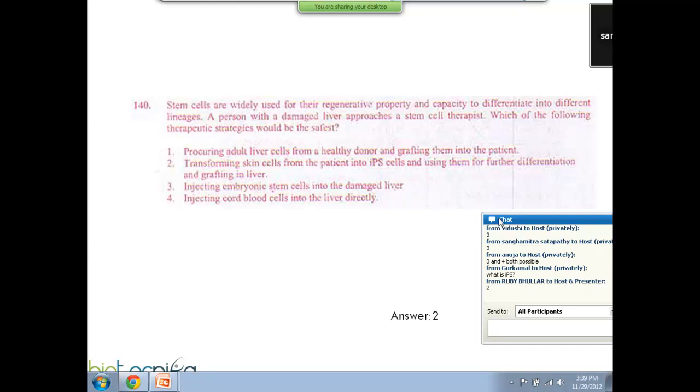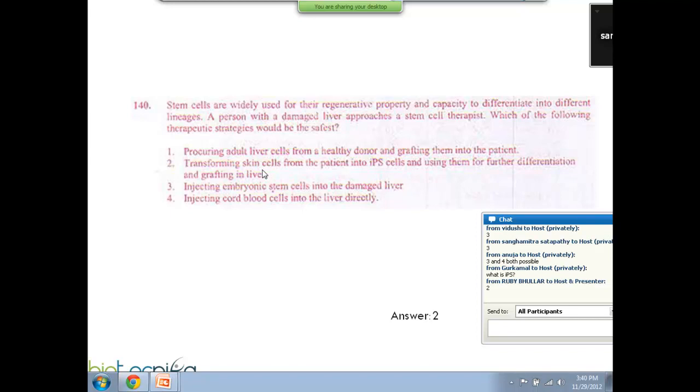So first question, if you collect the cells from an adult, the problem will be your MHC. The second one, you don't have any idea, leave it. The third one, injecting embryonic stem cell, yes, it can be. And injecting cord blood cells directly into the liver cannot work out, because cord cells are also nothing but your embryonic stem cells. But if you read that transforming skin cell, that is nothing but your stem cells.